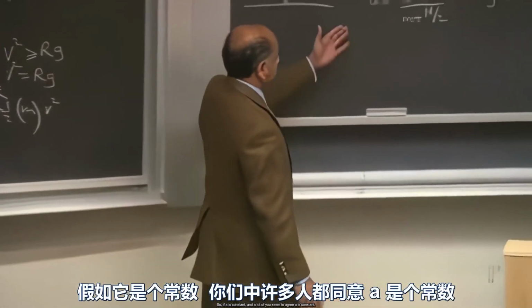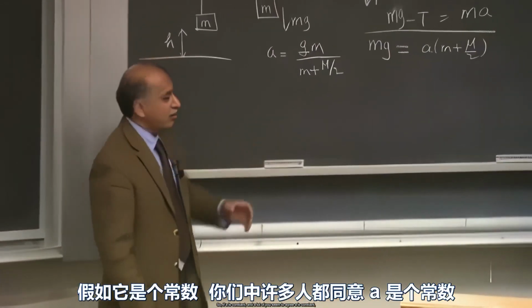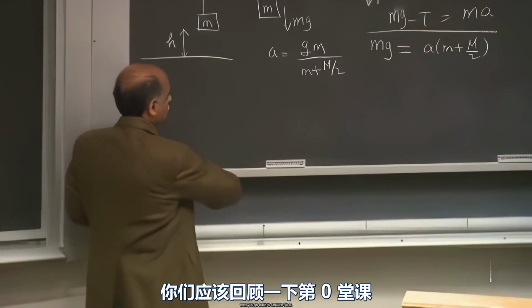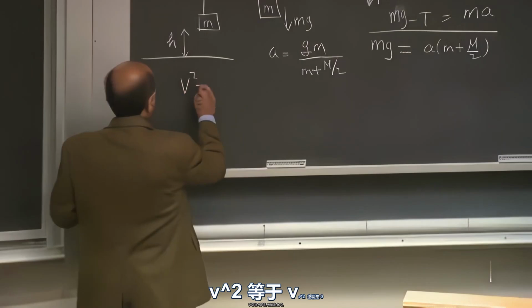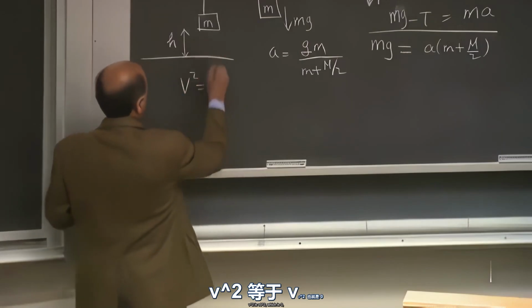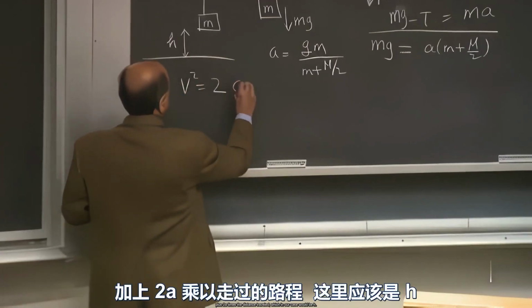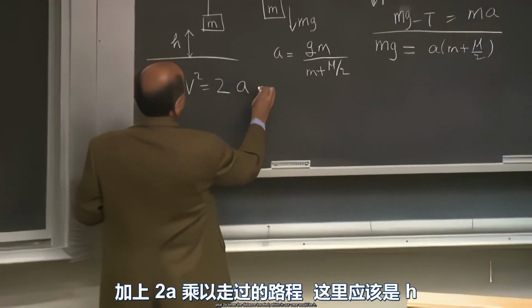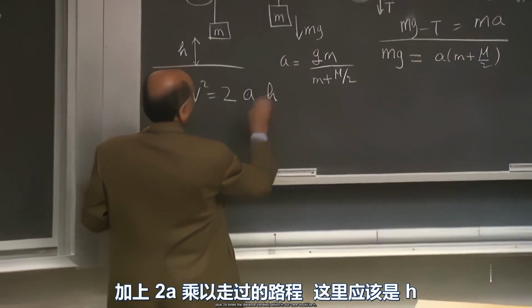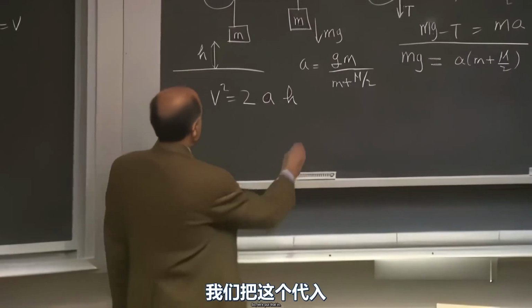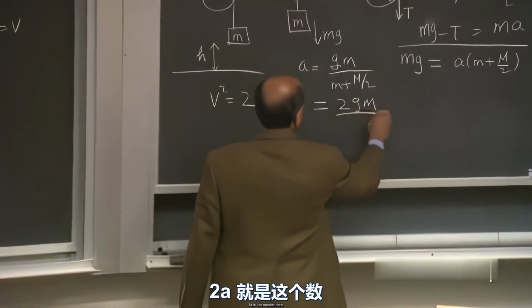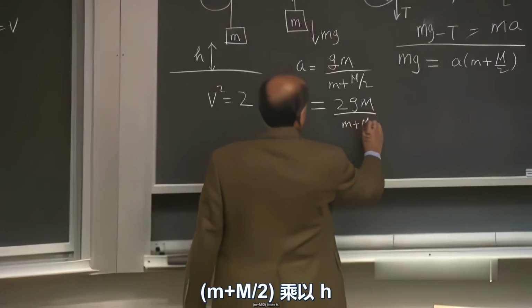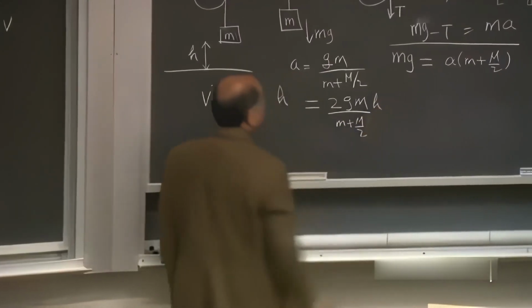So if A is constant, and a lot of you seem to agree A is constant, then you go back to lecture number 0. What did we find? V squared is V0 squared, which is 0, plus 2A times the distance traveled, which in our case would be h. So let's put that in. 2A is this number here, g m over (m plus M over 2), times h.